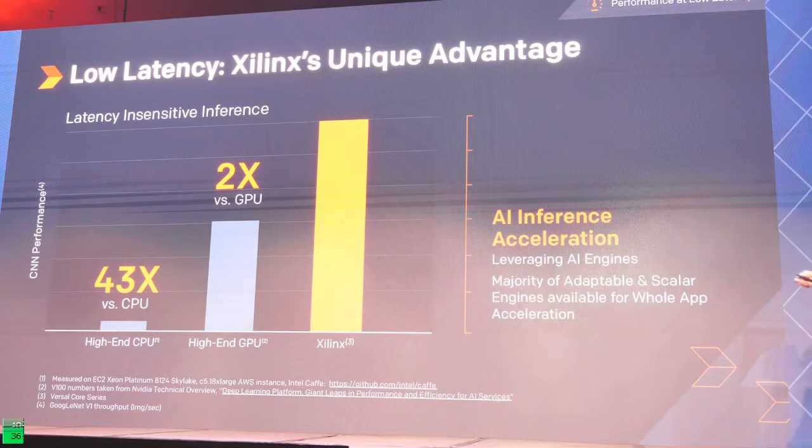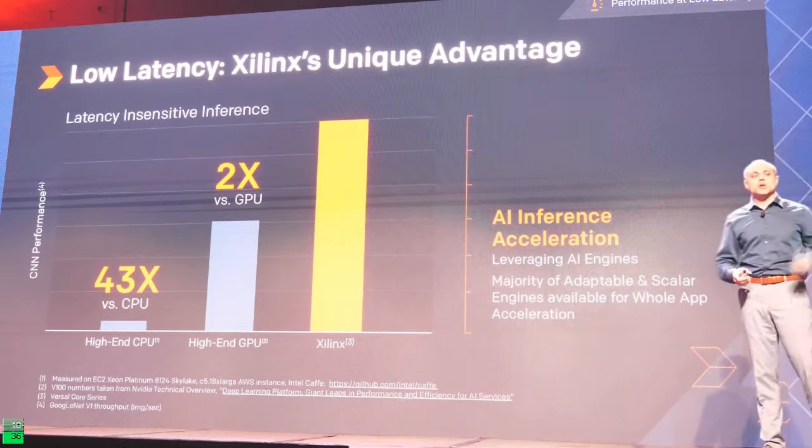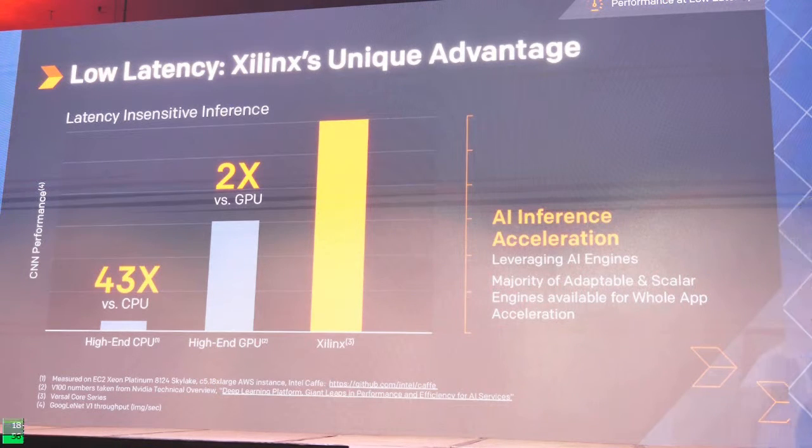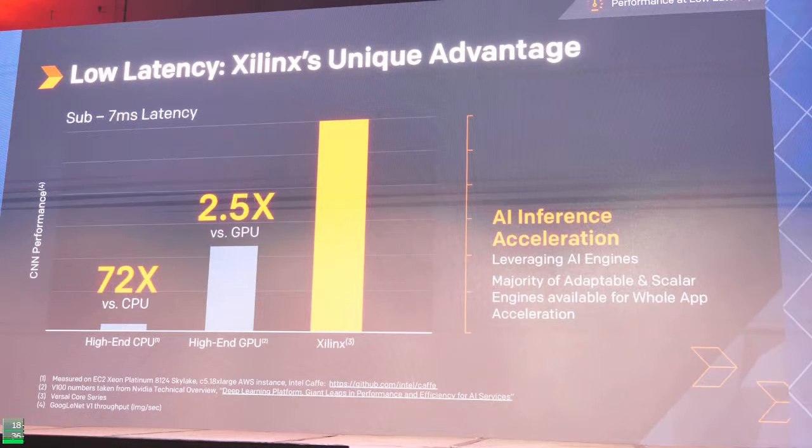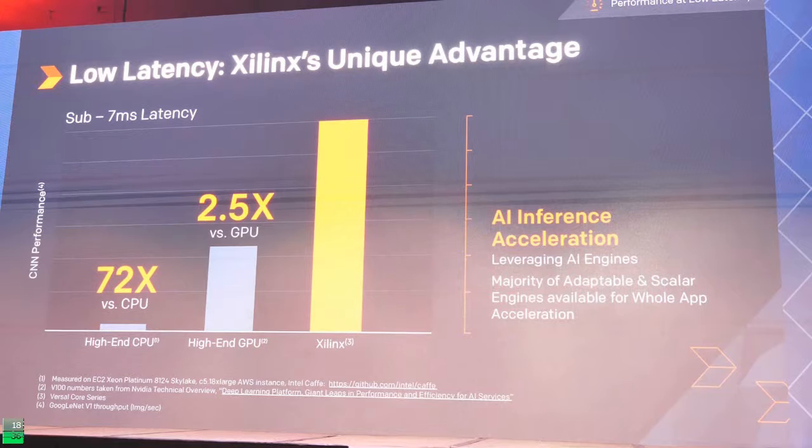You get 2x better than GPUs, 43x better than CPUs. Now let me tune in a latency constraint. Sub 7 milliseconds. At this point, Versal, interestingly, remains constant with respect to throughput. But the GPU has dropped, and now Versal is 2.5x better than a GPU, and Versal is 72x compared to a CPU.